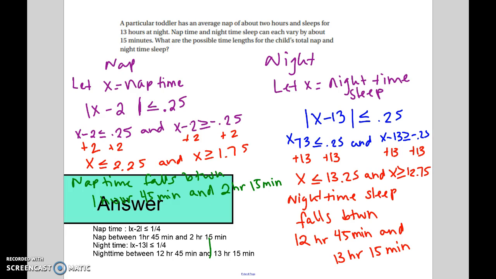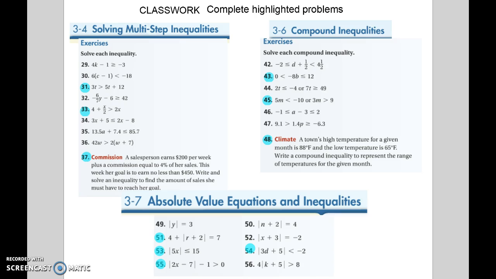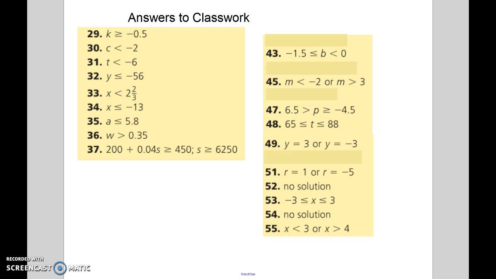Okay, so I want you to take a second and do the highlighted problems, and then I will give you the answers, and on the slide after that I'll have the answers worked out. Okay, here are the answers, so check your answers. If you need to pause, you can pause.